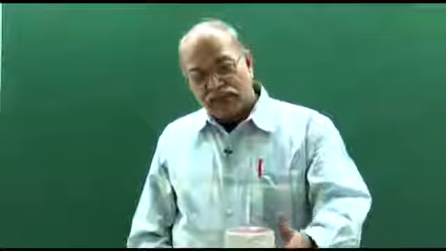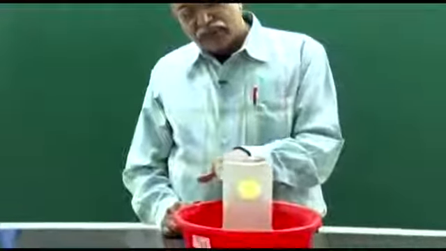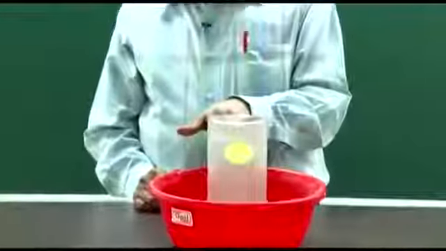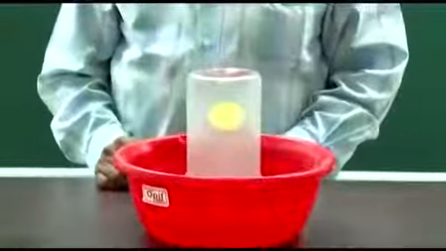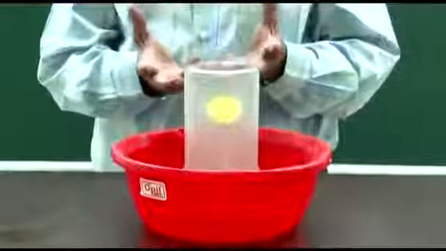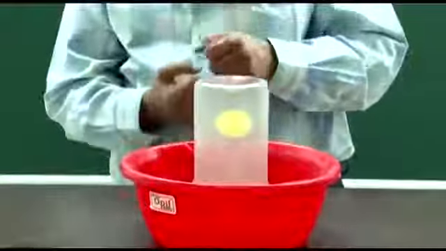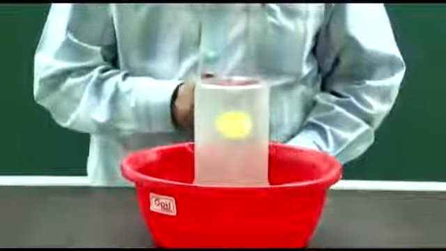In this you have water in this vessel, and you can see a tennis ball, and it is fastened to the bottom through a string. Since it wants to float and we have forcefully kept it there, the string is tight, there is some tension in the string.